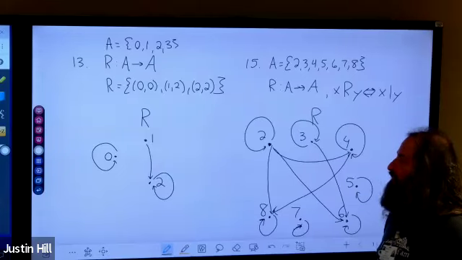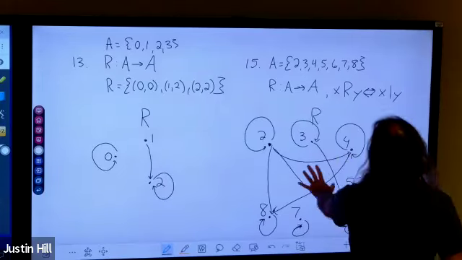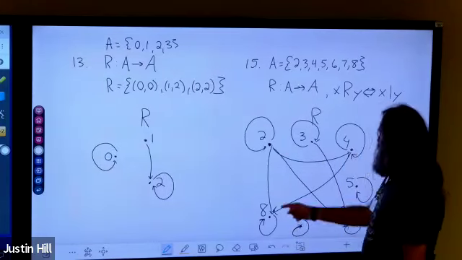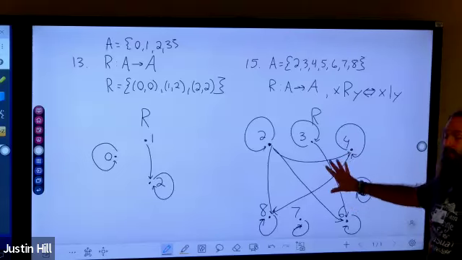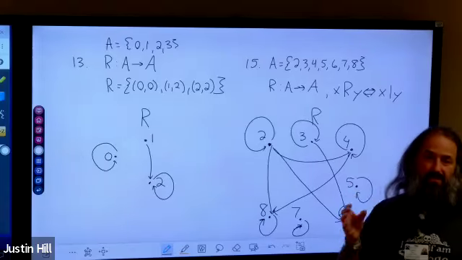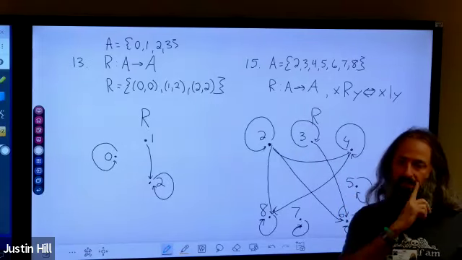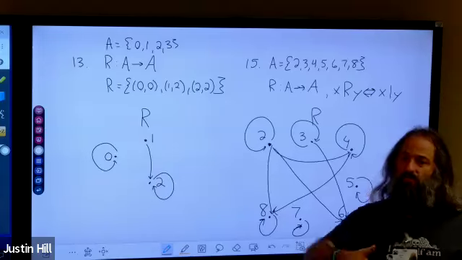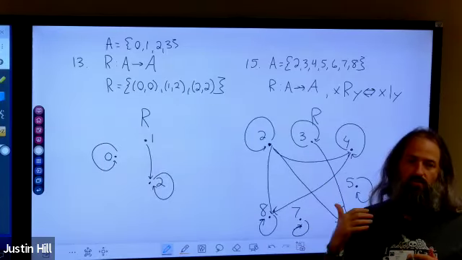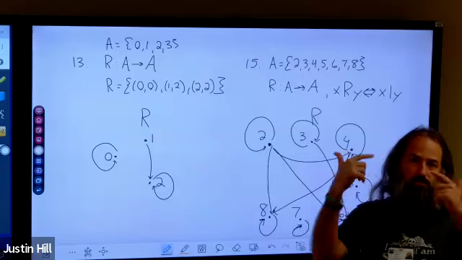Good. So this is a visual way to represent this, especially when we start getting a lot of ordered pairs. If you actually wrote this out, this is a much better way to see it. Your mind sees it and instantly knows which ones are related to each other. Just like when we give a rule or an equation for a function or a relation, your mind can think through it and know exactly which ones are paired with each other.